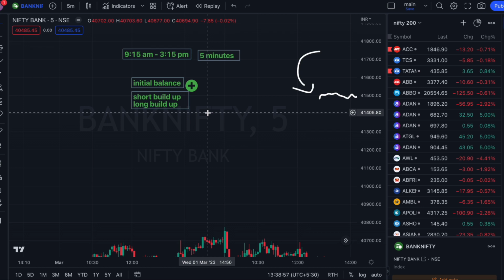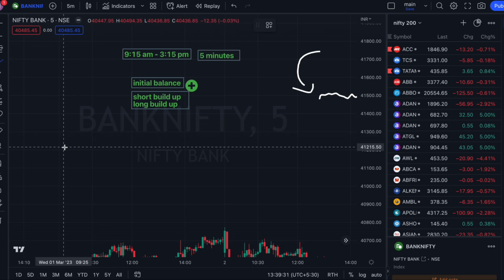So what is the initial balance? Initial balance is the range, the area of price which is formed in the first 90 minutes of the market.